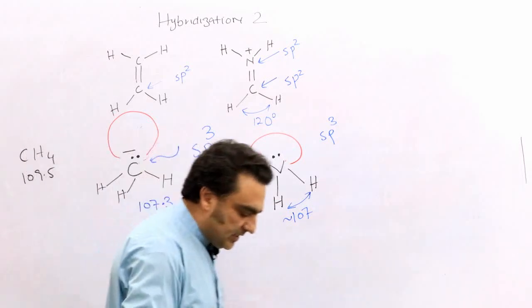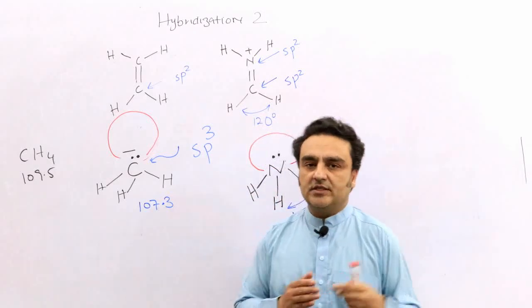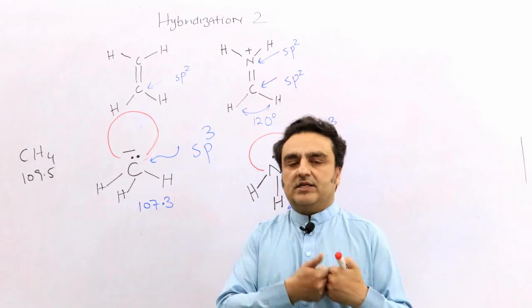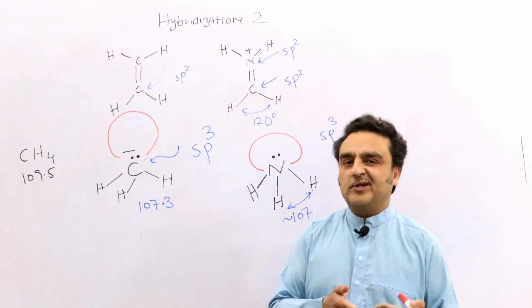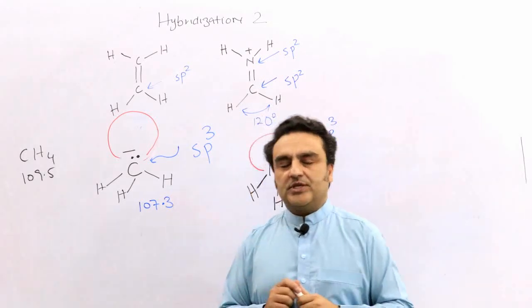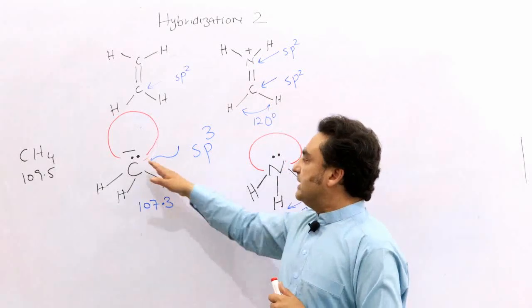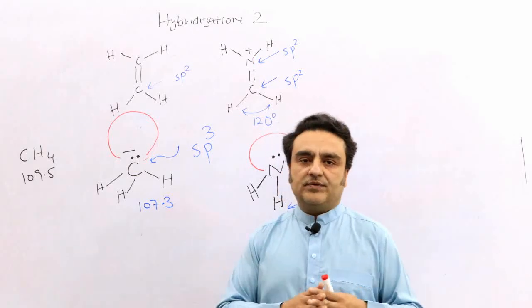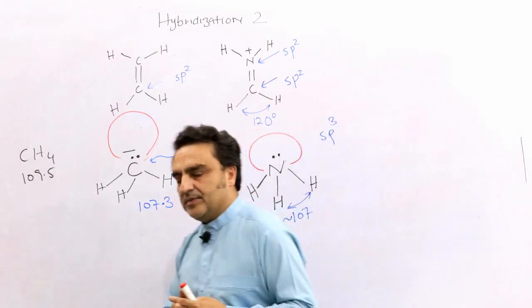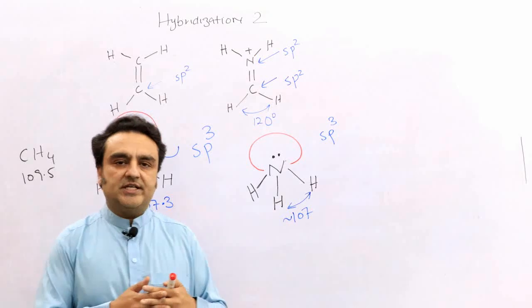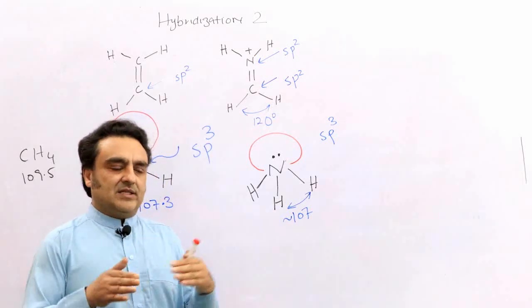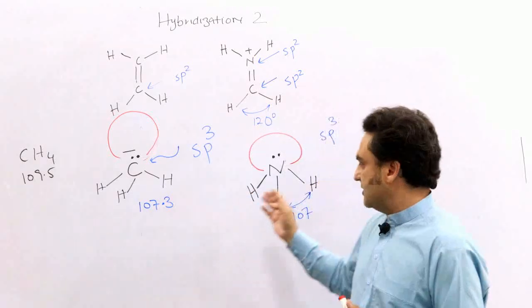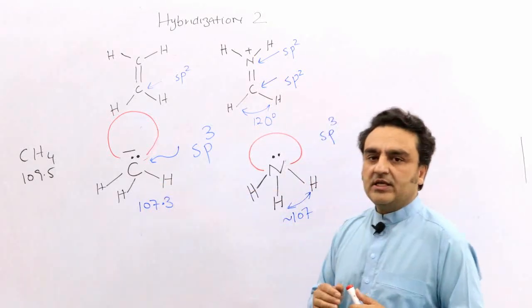But believe me, when you go and dig scientifically, there are other reasons and other things which come into play, and those are more important. Those are just reasons which are given for fresh chemistry students, who should at least think about why these angles are smaller and those angles are larger.